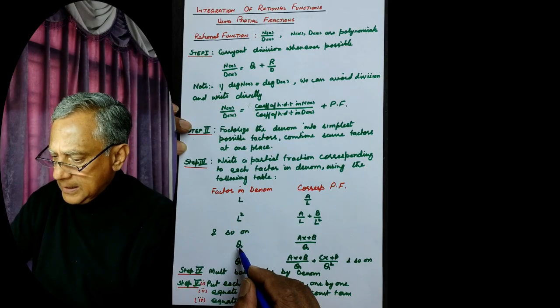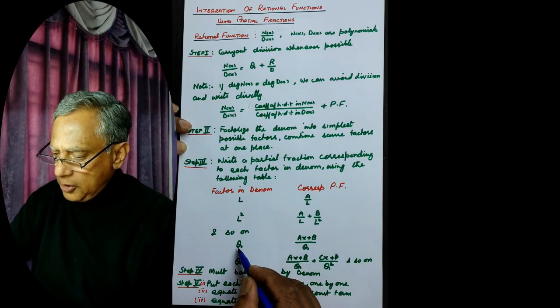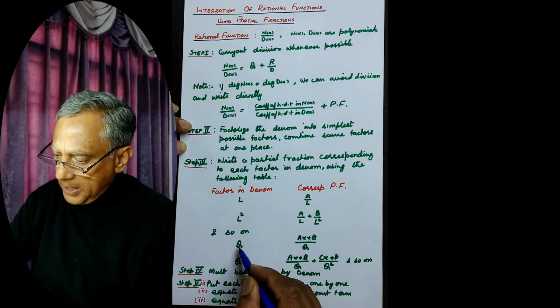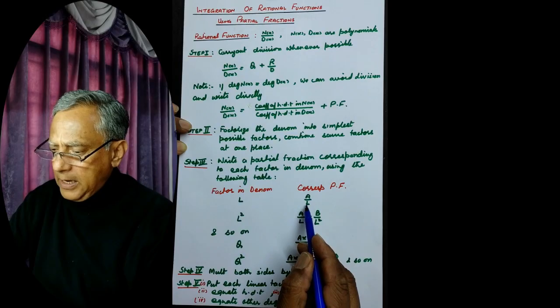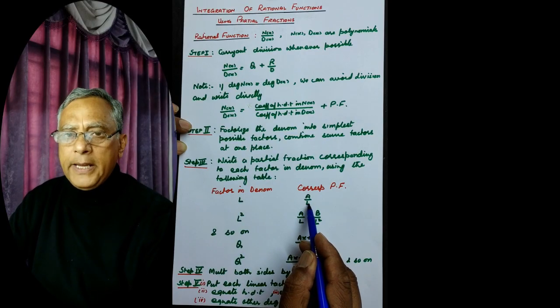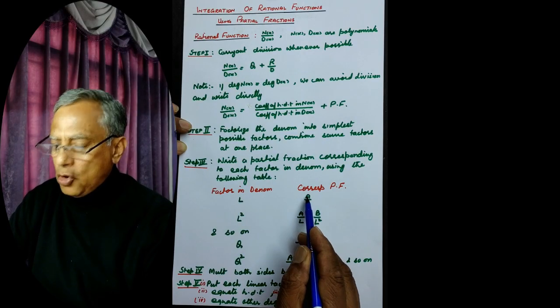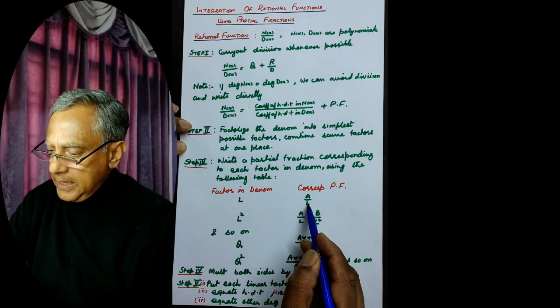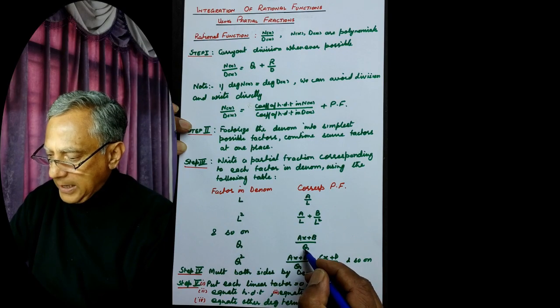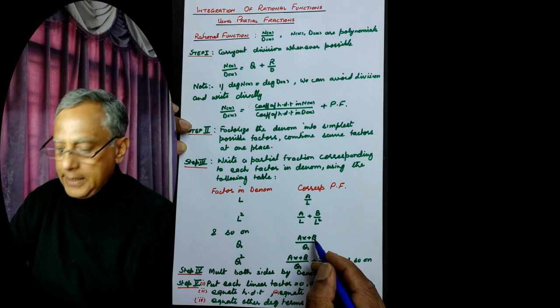And if it is a quadratic in the denominator, then partial fraction will be Ax plus B over quadratic. Linear in the denominator is of degree 1, so we wrote a constant, degree 0, 1 degree less. If it is linear, we will write constant. If it is quadratic, we will write linear.